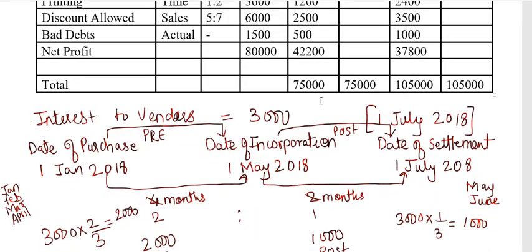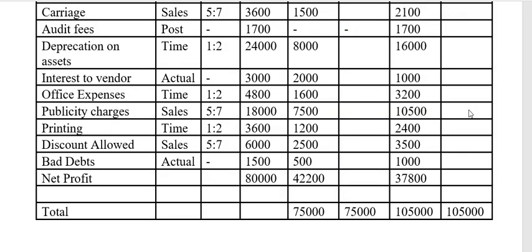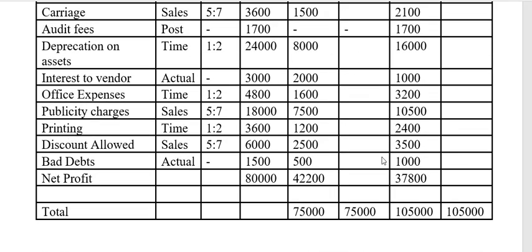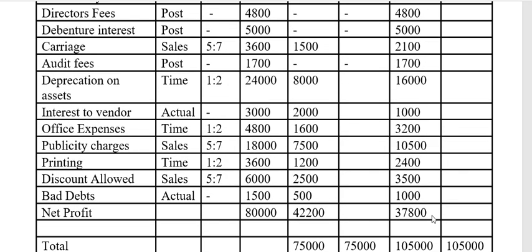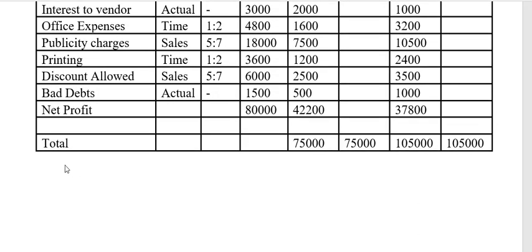Okay, so next you will write. Now debit side and credit side of pre-incorporation total is the same, tally, and post-incorporation also both debit side and credit side tally. So next you will write: total net profit is equal to 80,000.